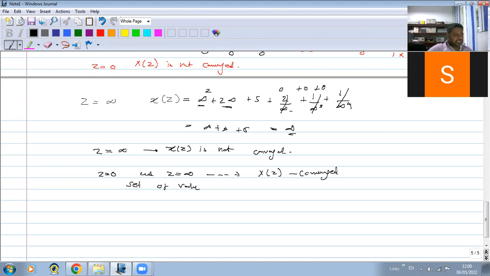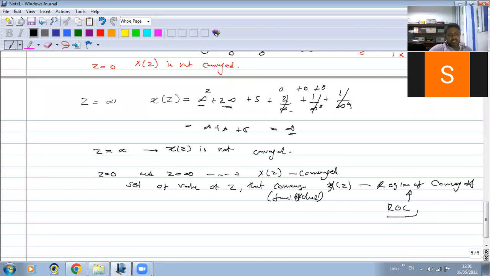That set of values of z that gives a finite value for this X(z), we call the region of convergence. This is a very important concept. We call this ROC.